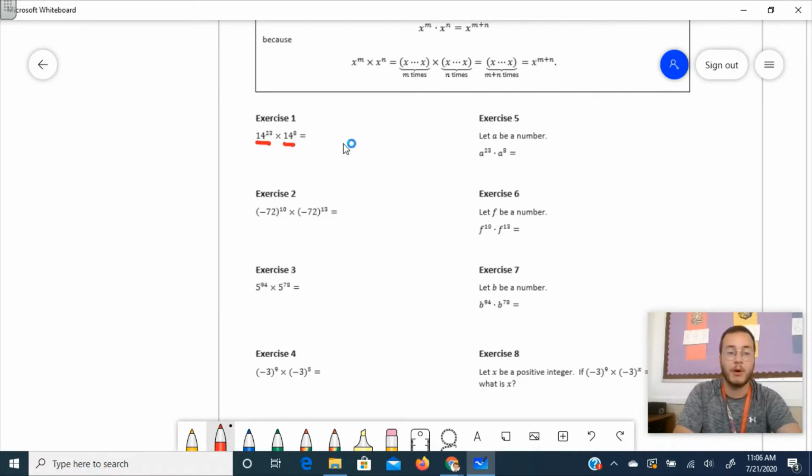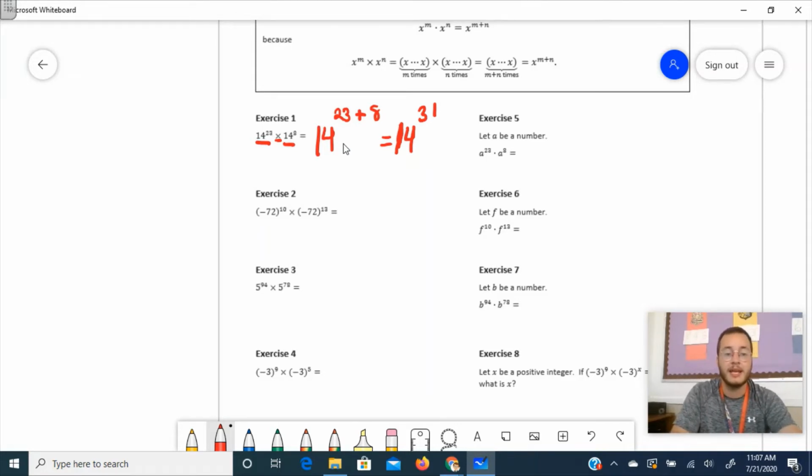And I know that if I'm multiplying two things in exponential notation, then I could just take the base and do 23 was one exponent, plus that 8 is another exponent, and you will have 14 to the 31st power. And that's your answer whenever you are multiplying exponential notations.